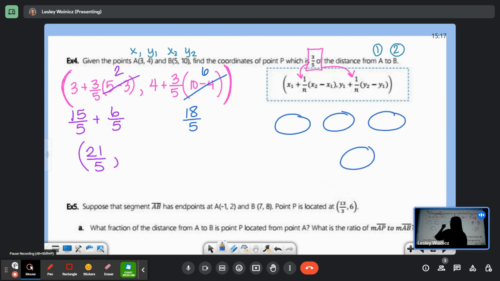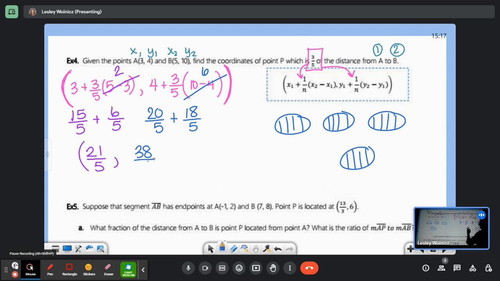I'm chopping them all into fifths. How many pieces of candy bar do I have? 20 fifths of candy bar. What does that give me for my y coordinate? 38 fifths.